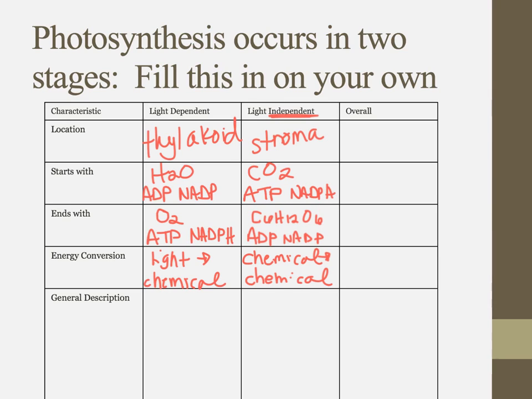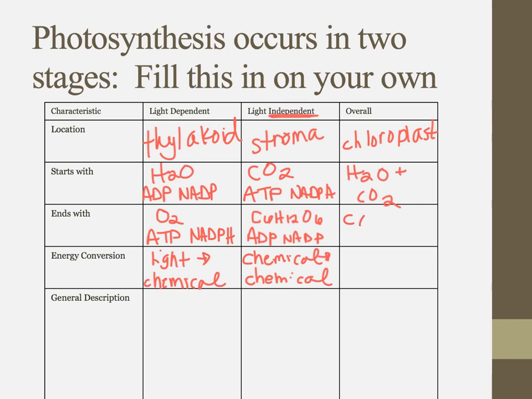So overall, this happens in the chloroplast. We start with water and carbon dioxide, and I'm not going to include these molecules because they stay within the chloroplast. They never leave, they're not really involved in any reactions because they just cycle through.